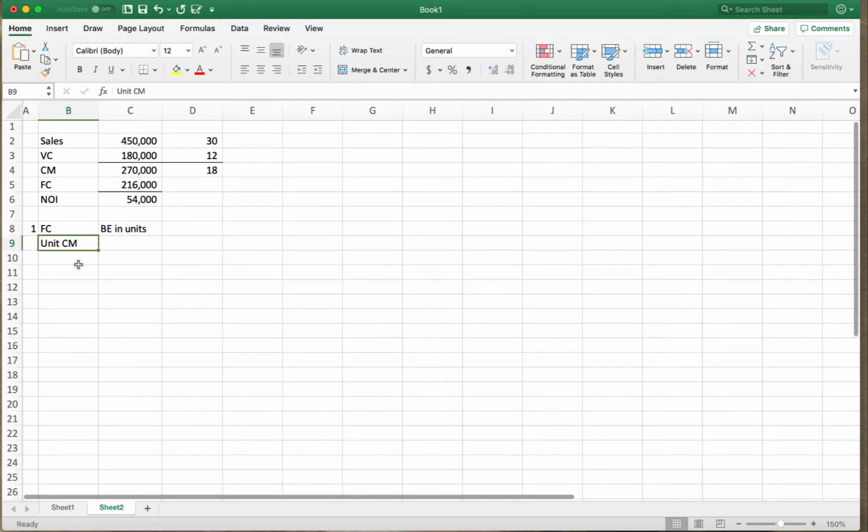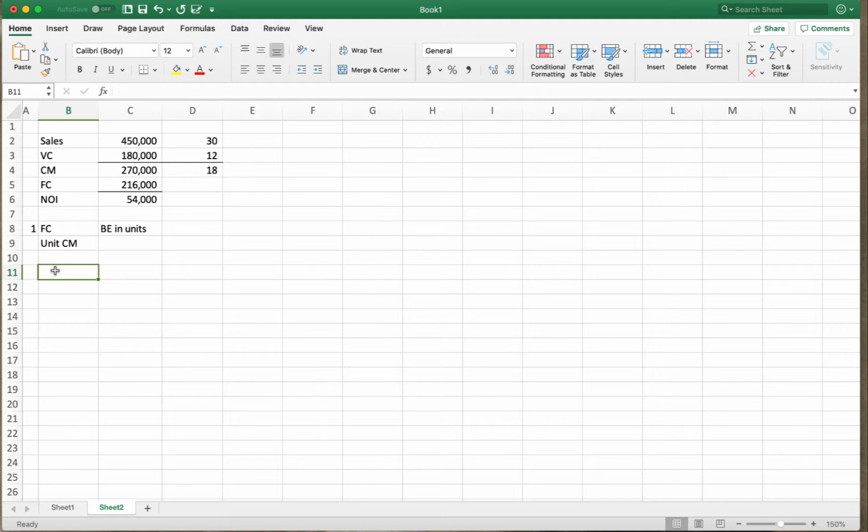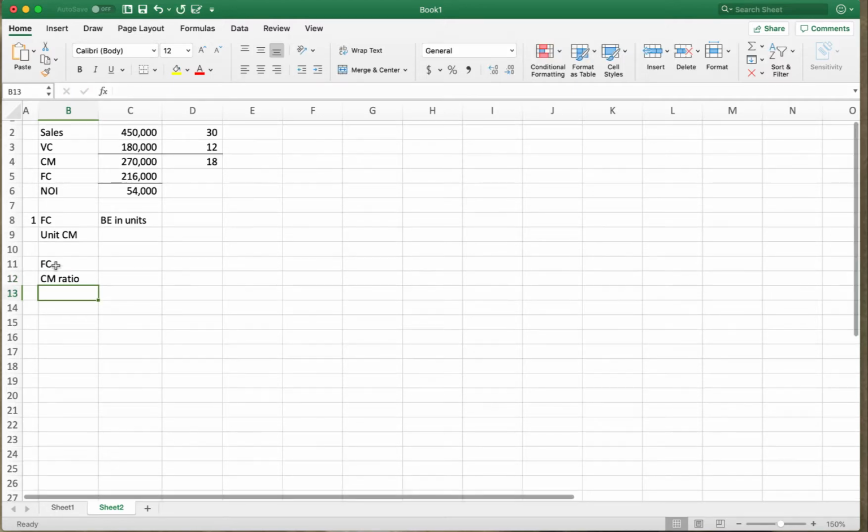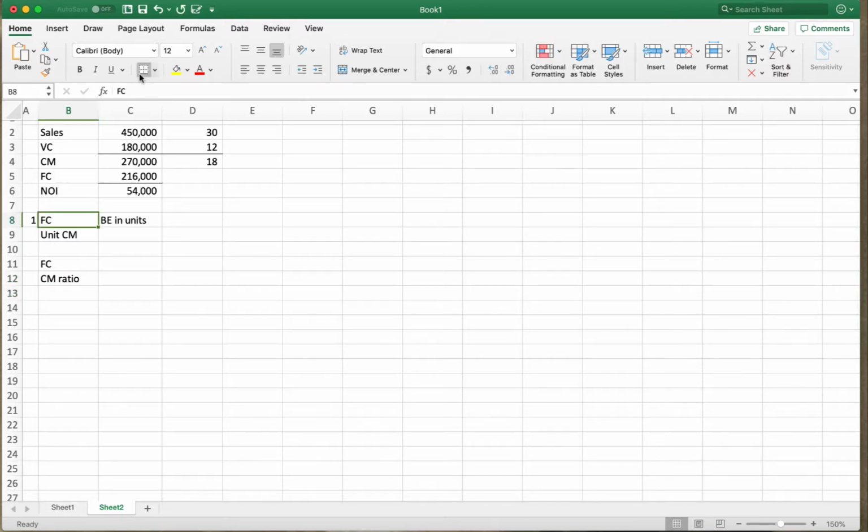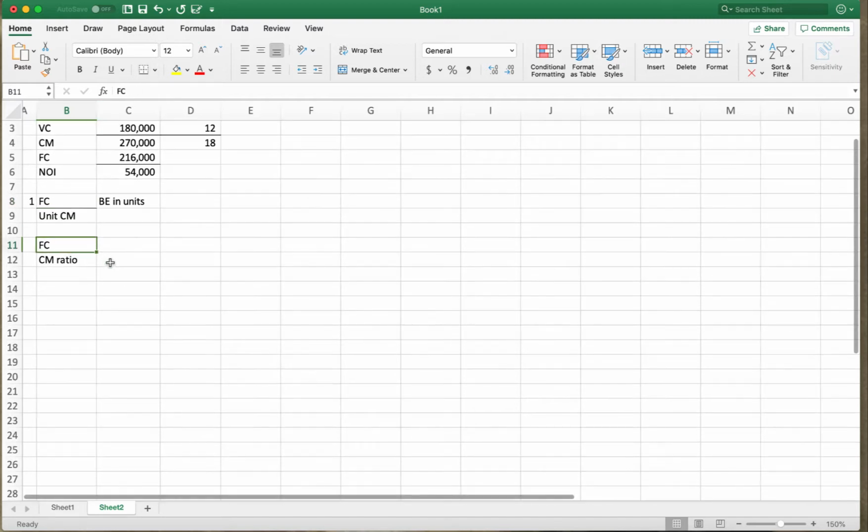And if we're looking for it in dollars, it's our fixed costs divided by our CM ratio. Okay, very simple.